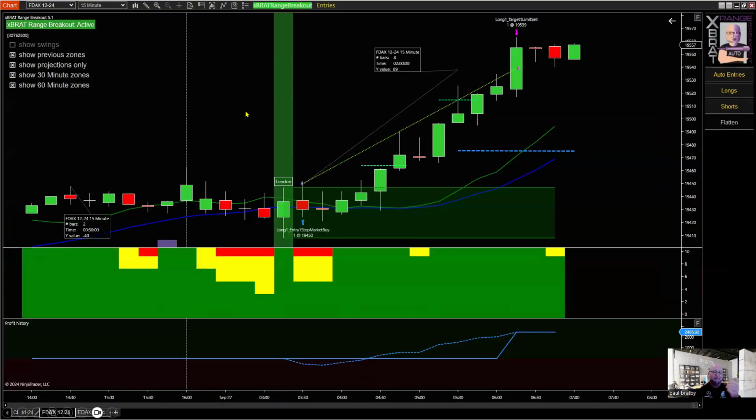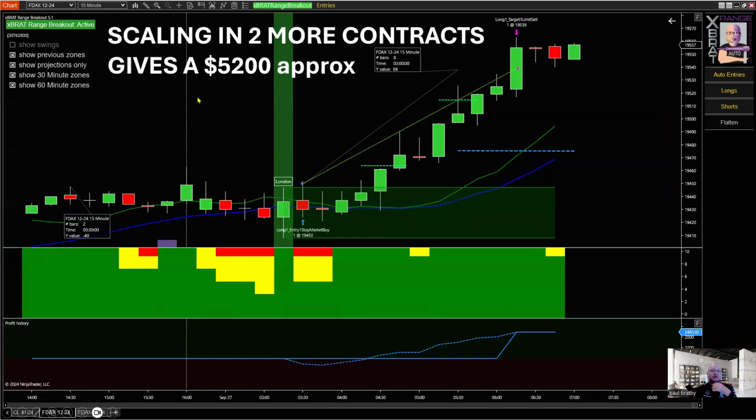Now back on the 15-minute chart, you see those entries here, and the average holding position. So just scaling in 2 more contracts gives a $5,200 profit compared to the 2,485.92. So you've more than doubled it by being sensible and understanding the behavior.